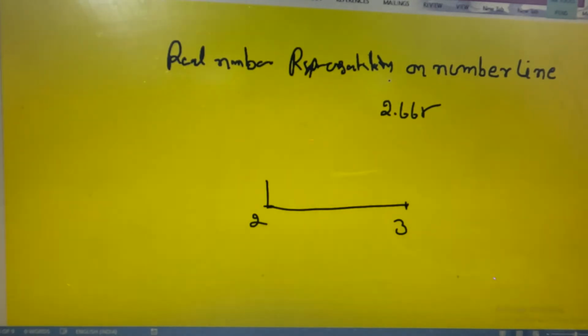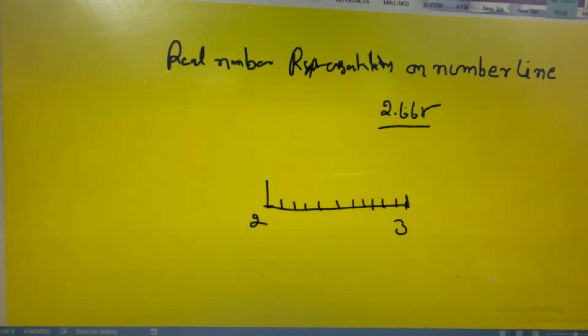look closely at the portion of the number line between 2 and 3. Suppose we divide this into 10 equal parts: 1, 2, 3, 4, 5, 6, 7, 8, 9, 10. Now we know that 2.665 lies between 2 and 3.